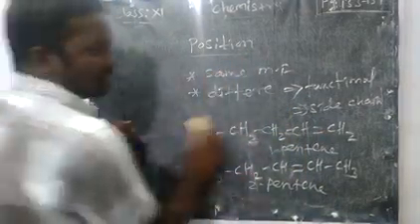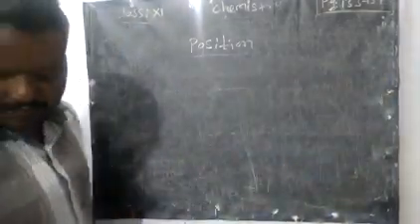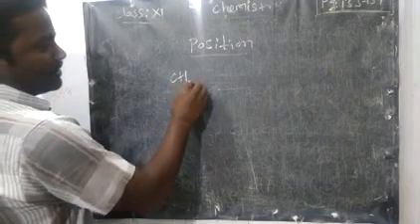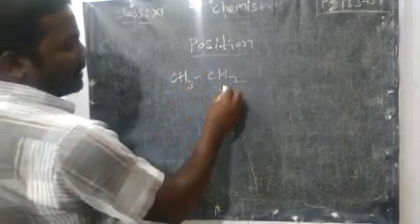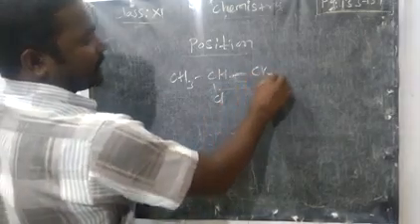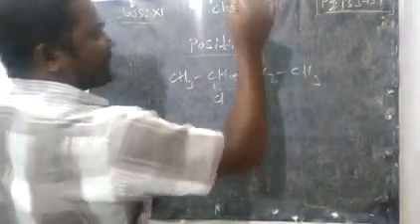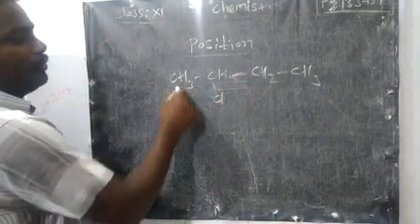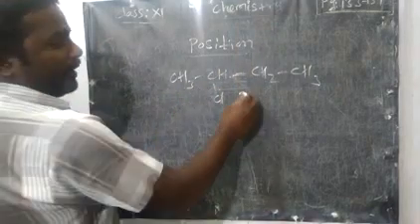Next we will take another example with a substituent branch: CH3, CHCl, CH2, CH3, right? 2-chlorobutane.